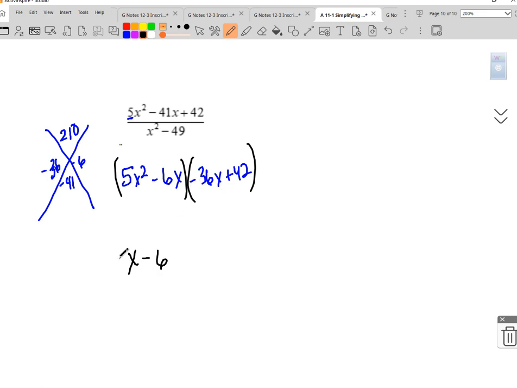Now our other factor, remember how we found it? We divided, right? So that's going to be 5x minus 1.